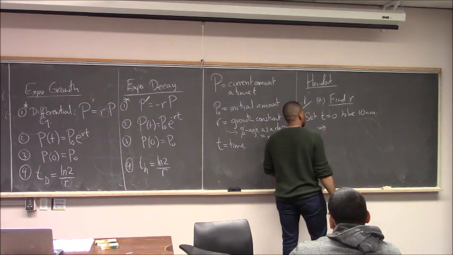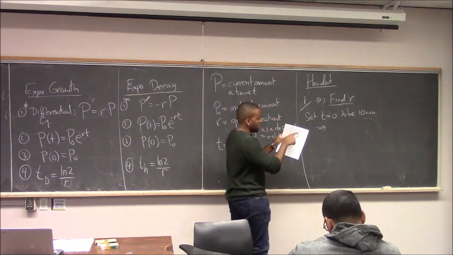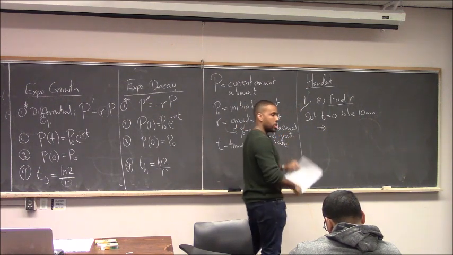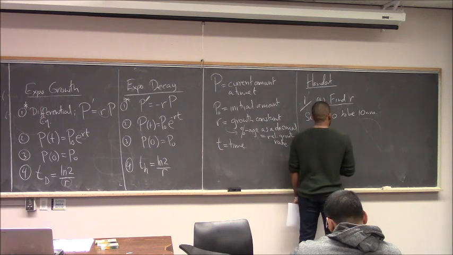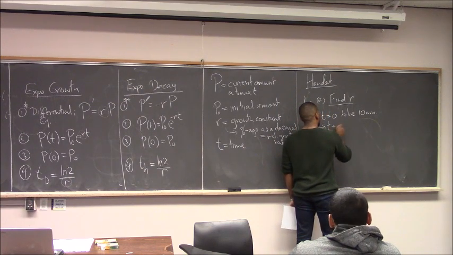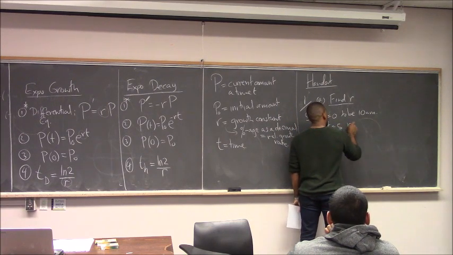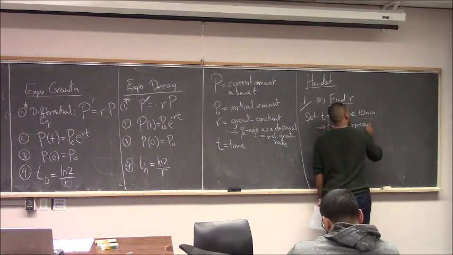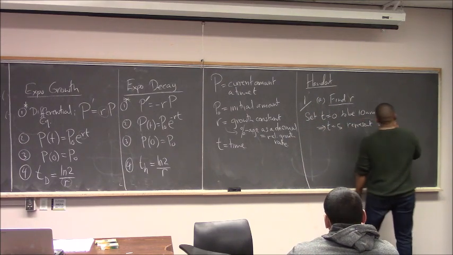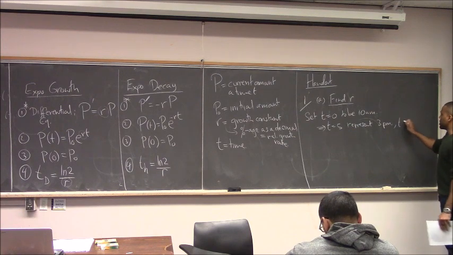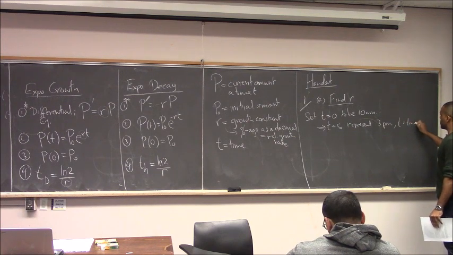This would mean they are measured at 2 times, 10 a.m. and 3 p.m. So let's say I'm measuring it in hours. So this means t equals 5 represents 3 p.m. Right? So here I'm measuring t as time in hours.